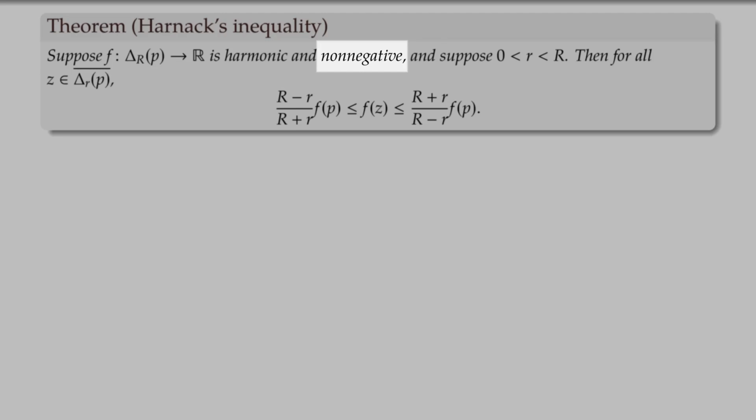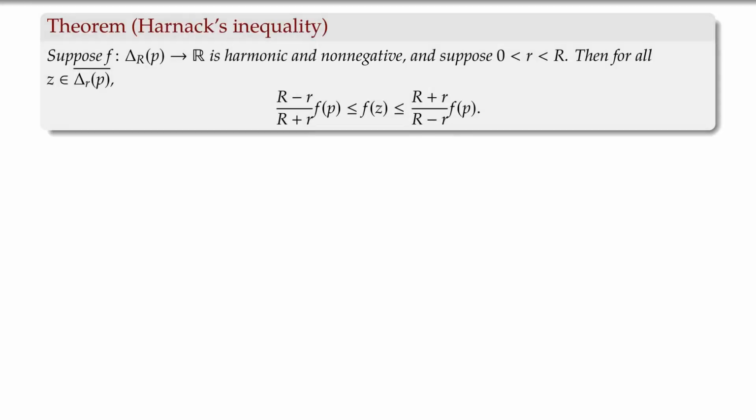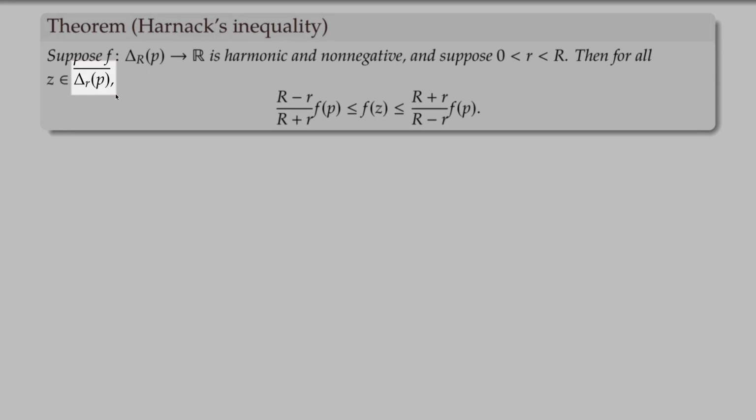All right, so let's go on. Suppose that we have this harmonic function in the capital R disk, and let's suppose that we take a smaller disk. This smaller disk has a radius strictly smaller than capital R, and we pick any z in this smaller disk, still centered at the same point.